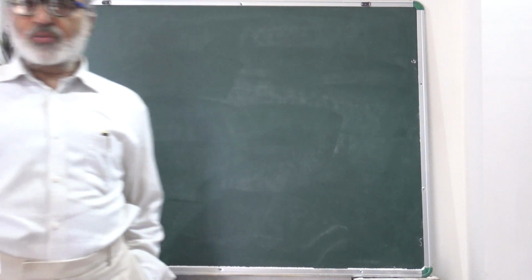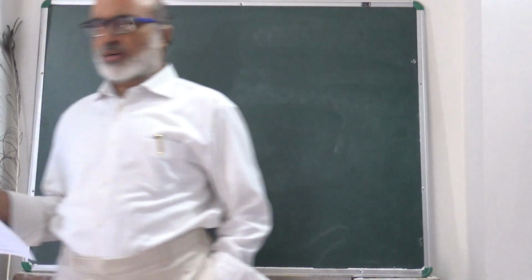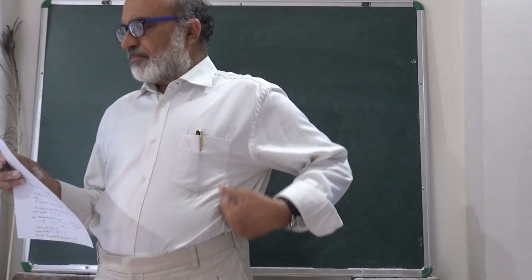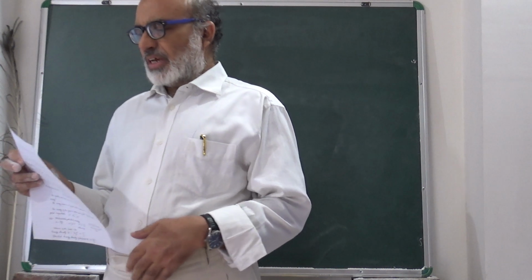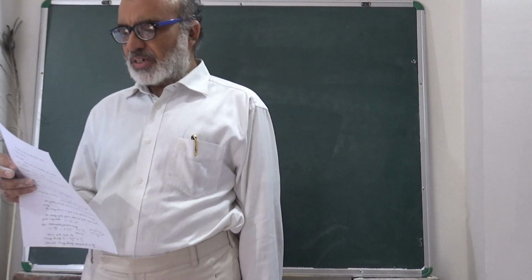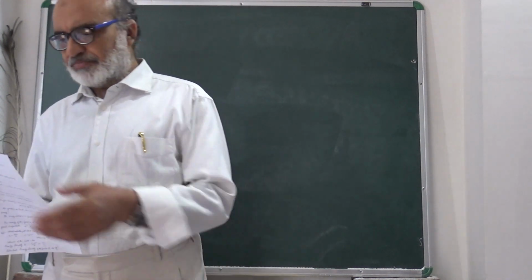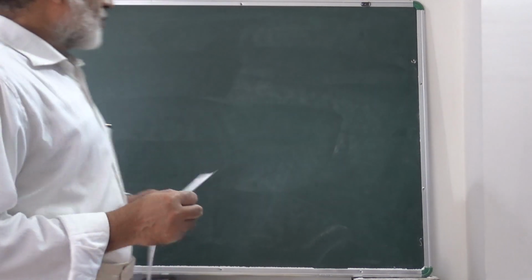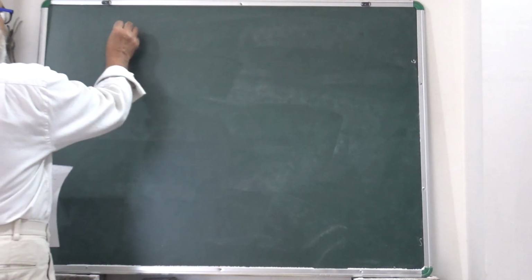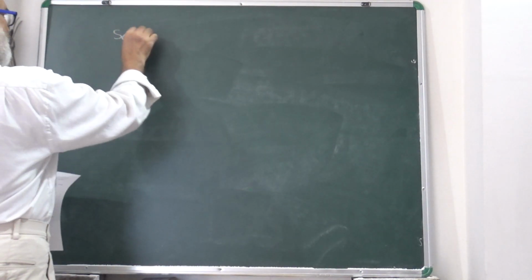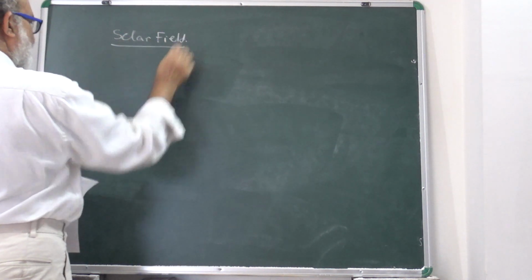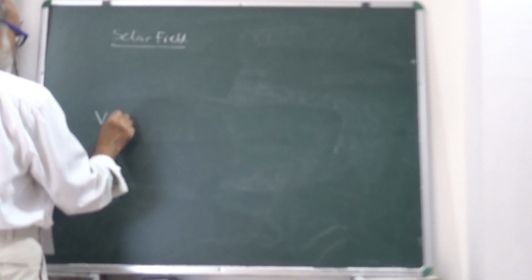Field of any physical quantity is a function of position and time. If for every position and time we have a certain value of a physical quantity, we say that we have the field of that physical quantity. Now fields can be of two types. Scalar field and vector field.